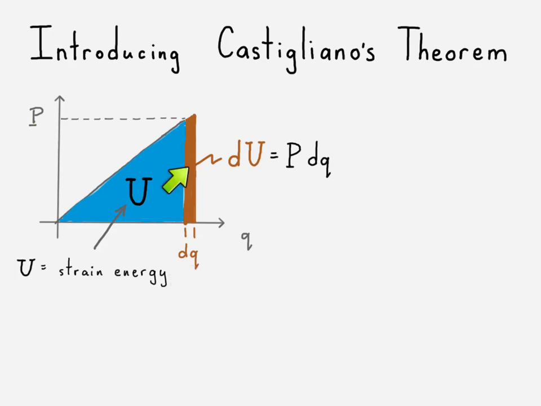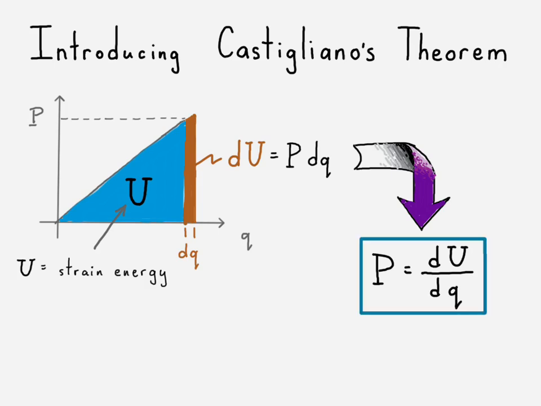So it's that height P multiplied by that width, which is dq, the infinitesimal displacement. Using that, we just rearrange things. It took me a long time to draw that, probably more than was necessary.